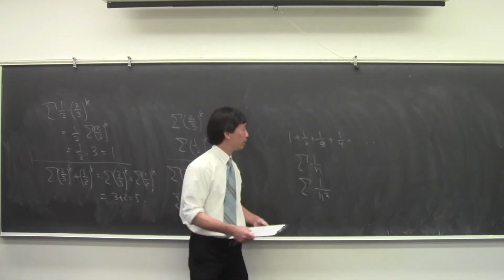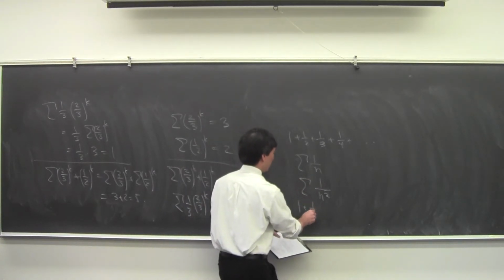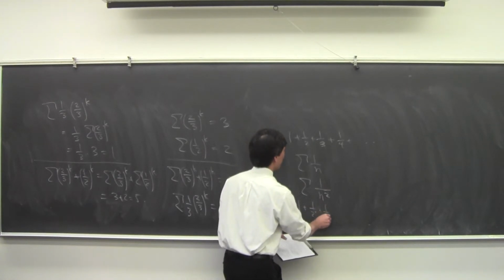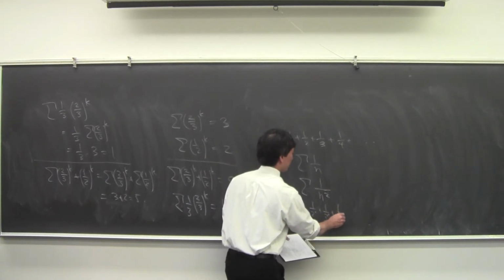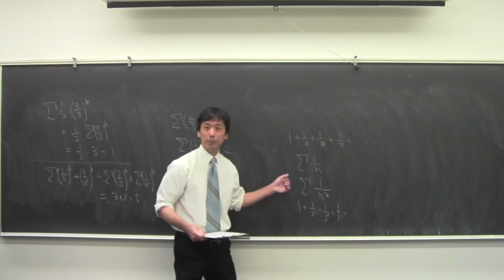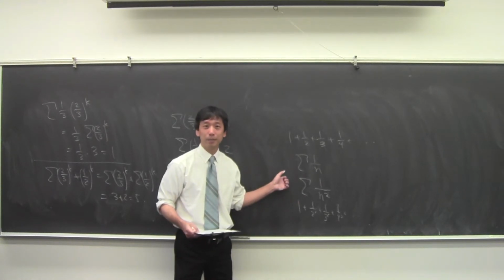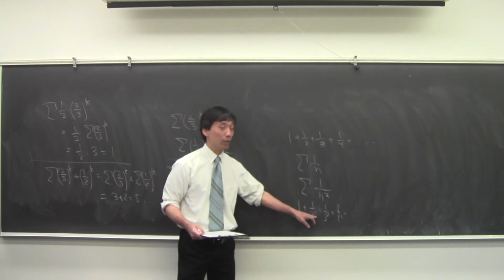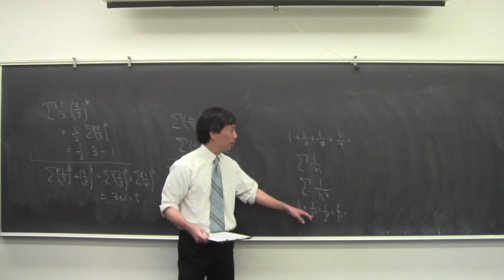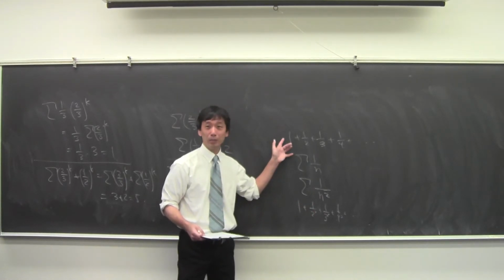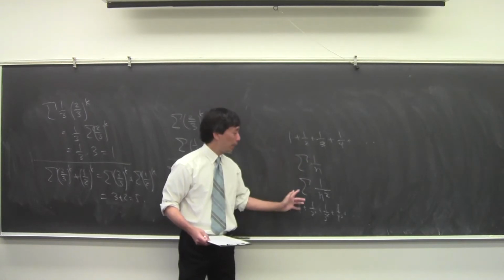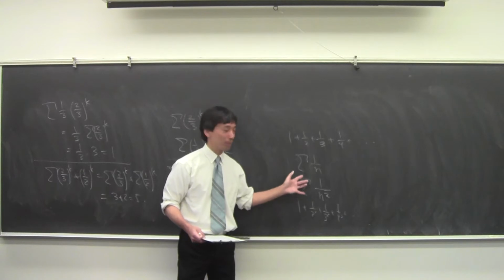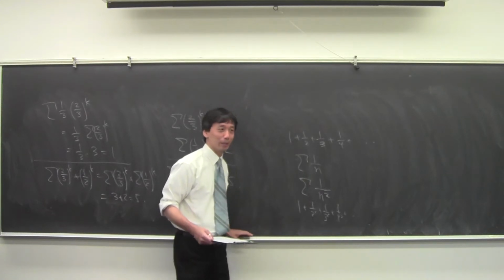Are you taking 1 plus 1 over 2 squared plus 1 over 3 squared plus 1 over 4 squared and so on? Does that have a limit? These are getting smaller faster. In fact, the upper one doesn't have a limit, it becomes infinite, and the lower one does have a limit. It's like pi squared over 6 or something like that.